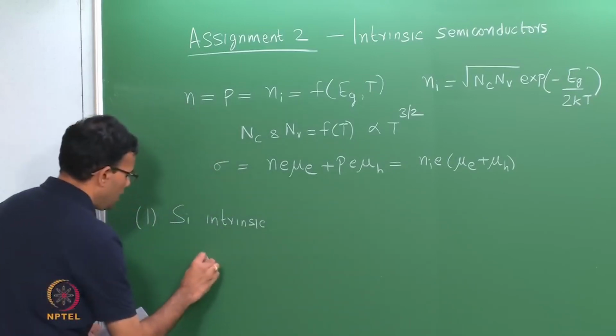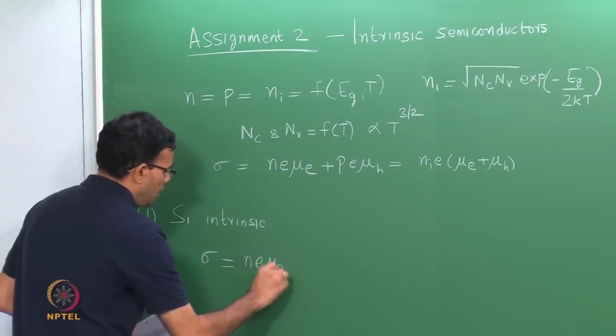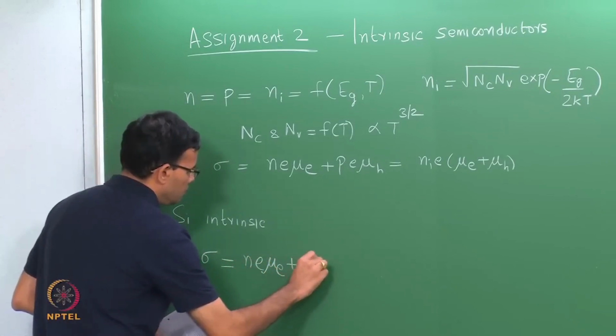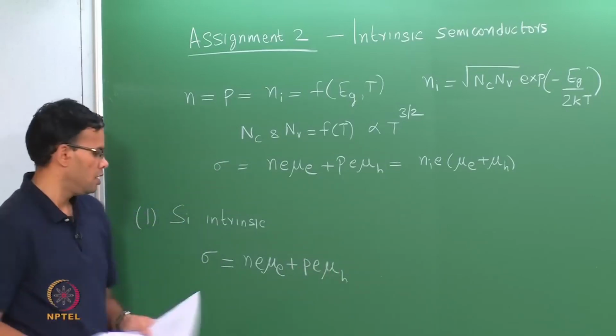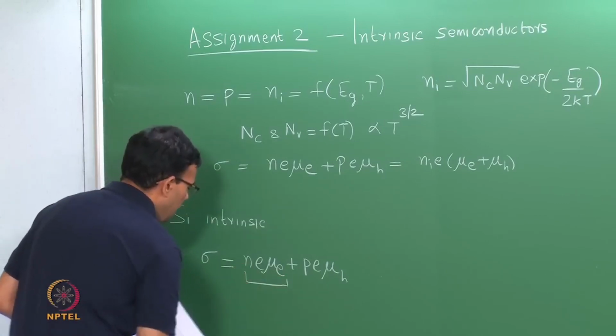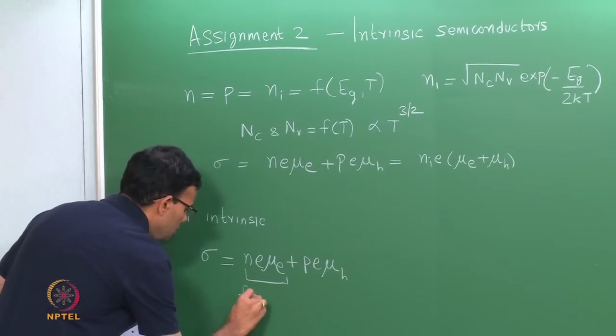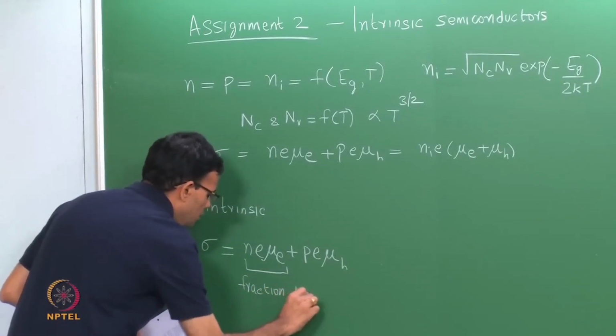So, we can write the conductivity equation: N e mu E plus P e mu H. The first term represents the fraction carried by the electrons, fraction due to electrons.